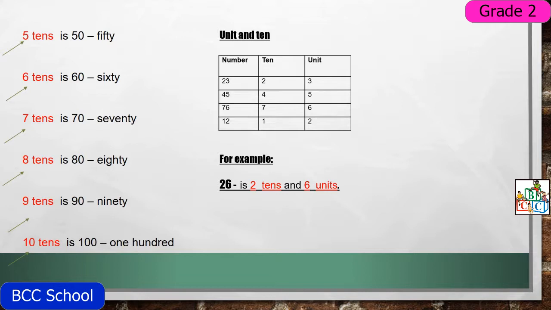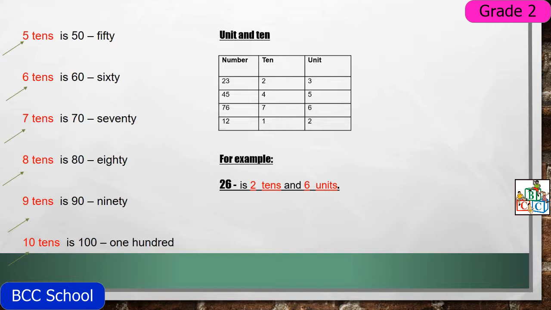Yes or no? Here I have some examples. Look at the example I have below, which is 26. 26 means 2 tens and 6 units. Yes or no? 2 represents 2 tens and the 6 is the 6 units. I also have a table to tell you how we look for the 10 and the unit.